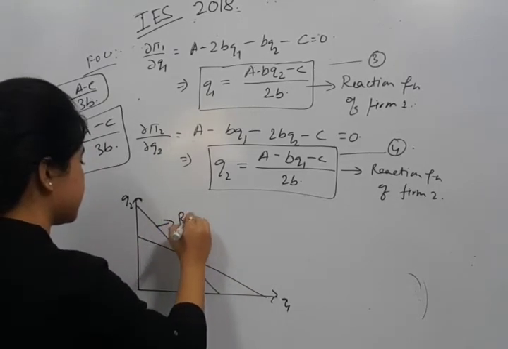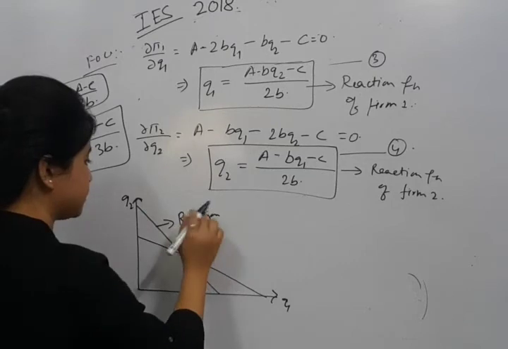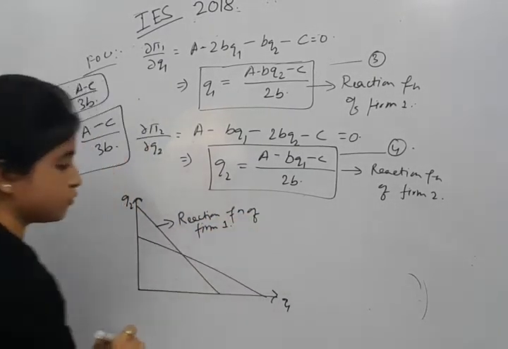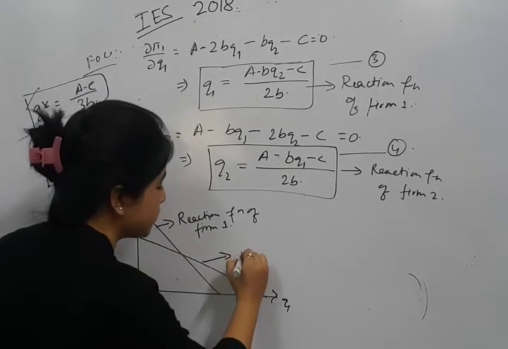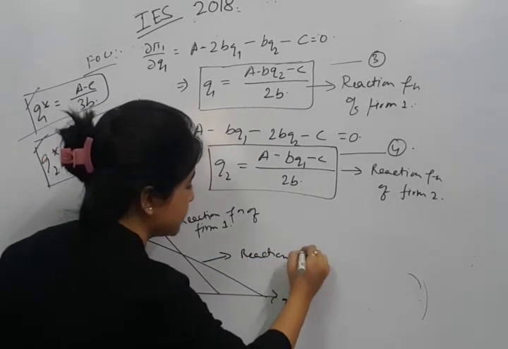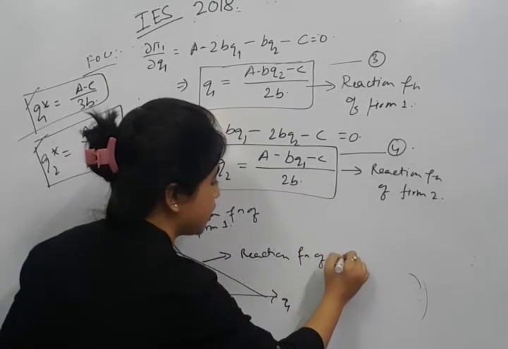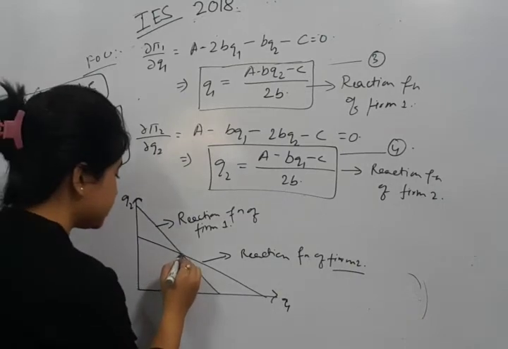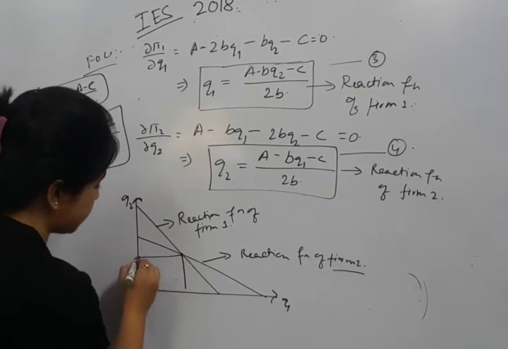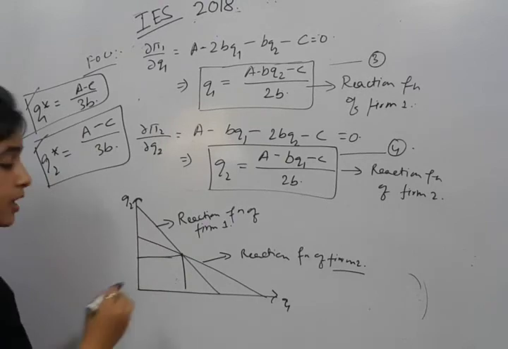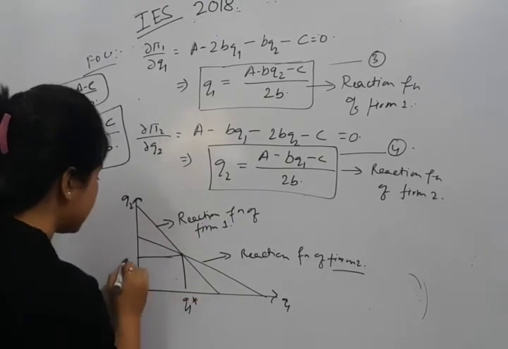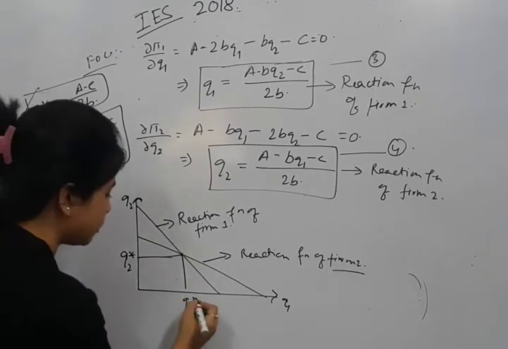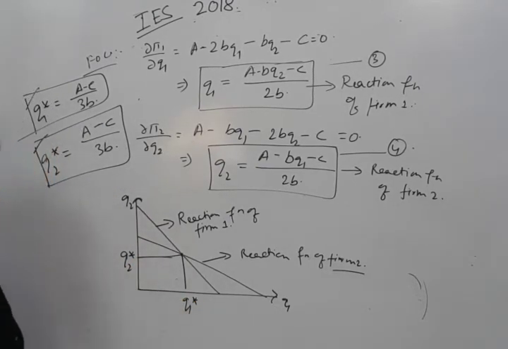So this is the reaction function of farm 1, this curve, and this one shows the reaction function of farm 2. So the point where the two reaction functions intersect each other is the point where the Cournot equilibrium occurs, or we can also denote it as Q1C or Q2C.